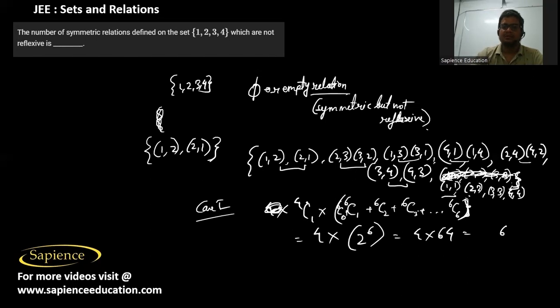We can choose none of them also. So this will be 4C0 plus 4C1 plus 4C2 plus 4C3. 4C4 we should not add.